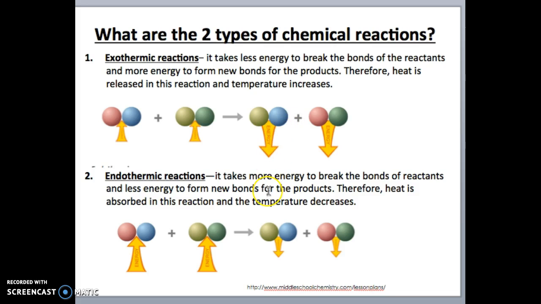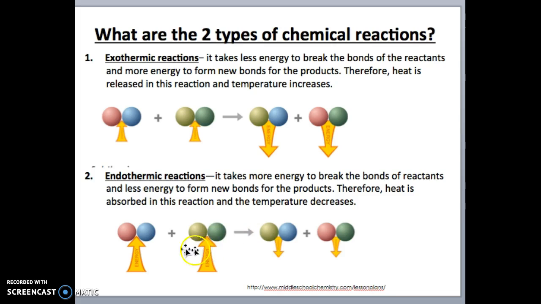In an endothermic reaction, and you might want to remember this, endo means to take in and exo means to bring out. So exothermic heat is brought out, endothermic heat is absorbed. So in an endothermic reaction, it takes more energy to break the bonds of the reactants and less energy to form the new bonds.